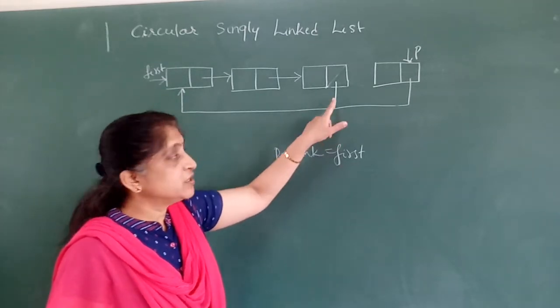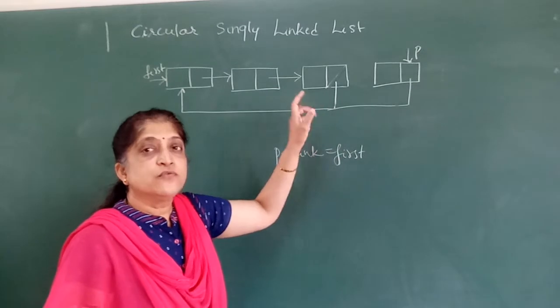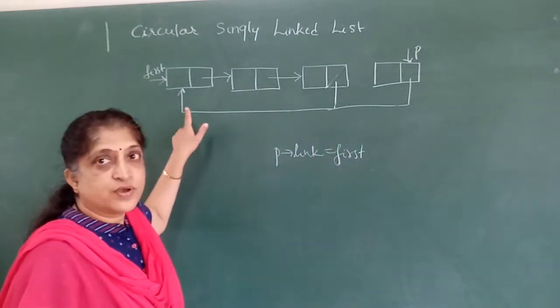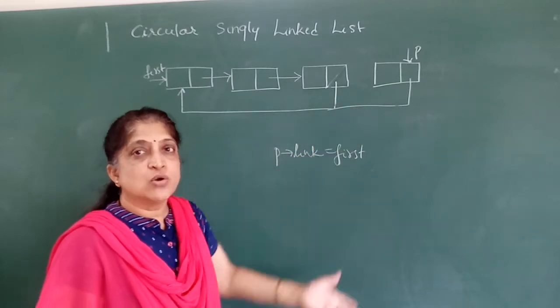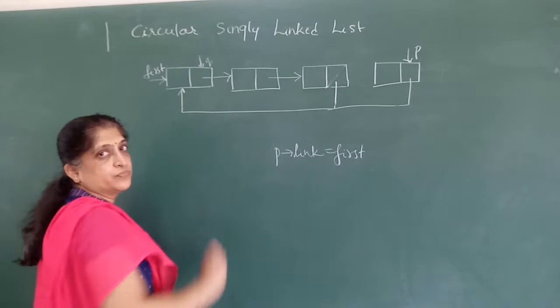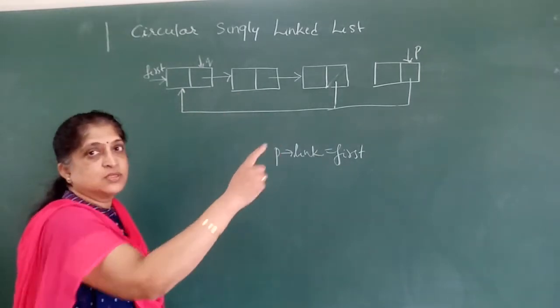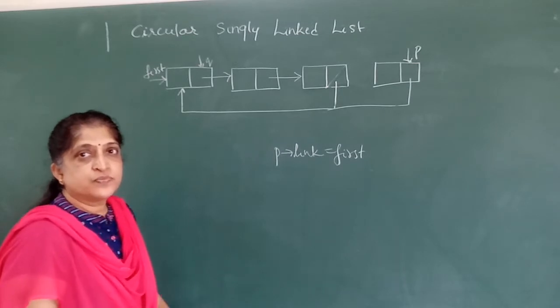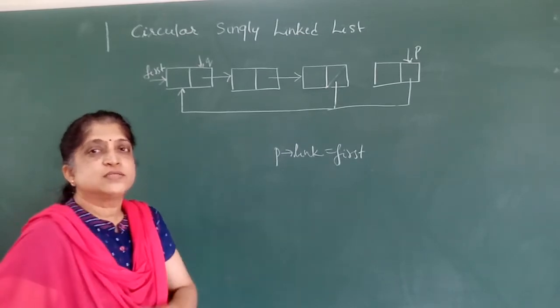Then how do I do this? I do not have a pointer to the current last node in the singly linked list. We have to traverse from the first node till the last node, then we get a pointer to this. How do we do that? We should use a temporary pointer, let me say Q. The condition to reach the last node is that Q link should be equal to first. If Q link is equal to first, then it's the last node.